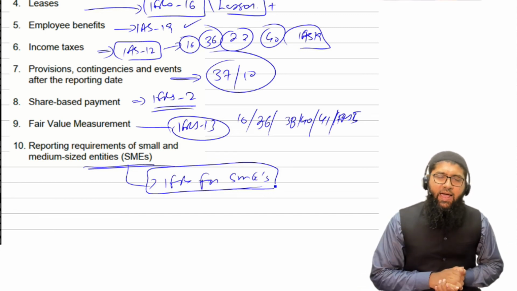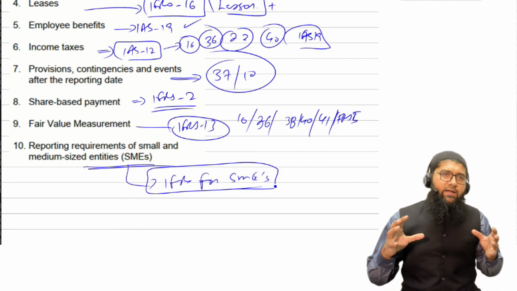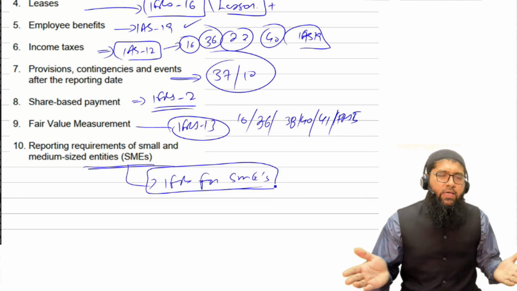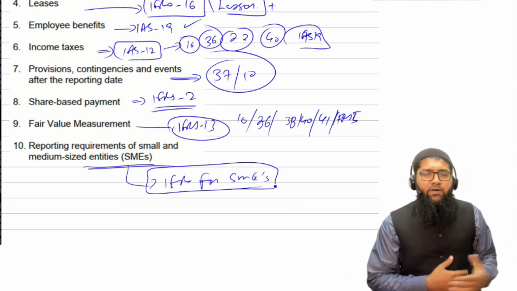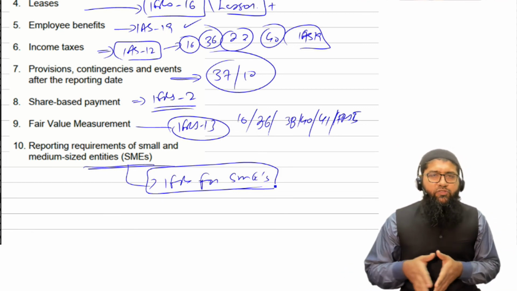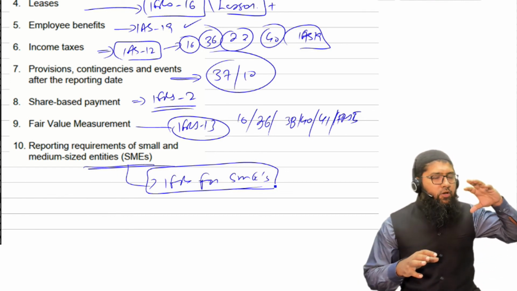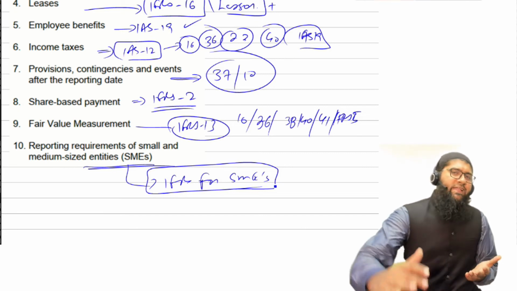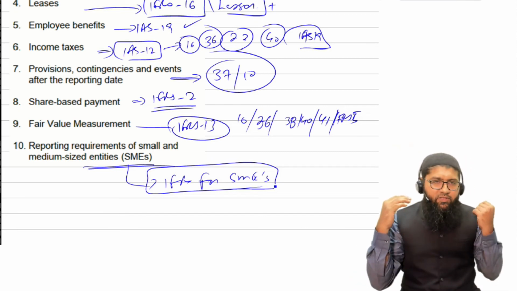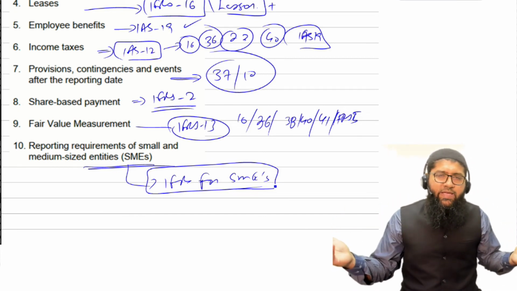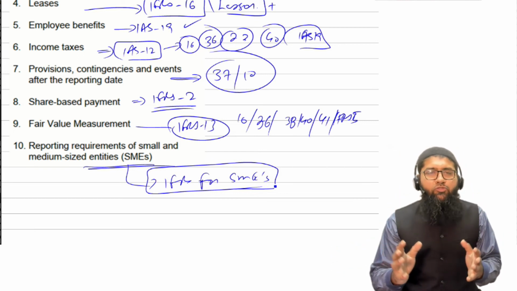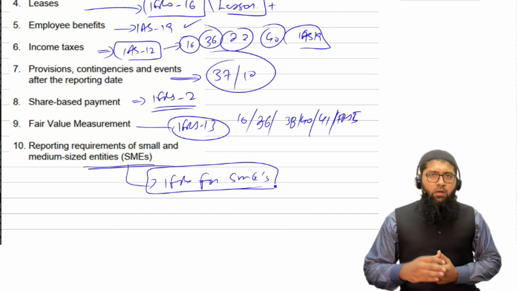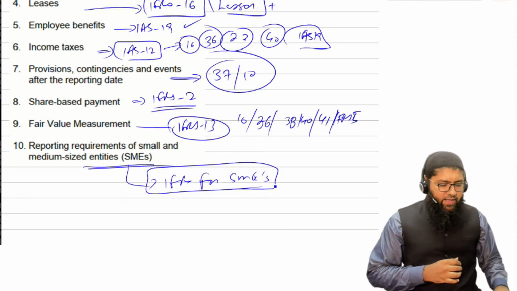The objective of having that IFRS is that if small and medium sized organizations are unable to afford or unable to prepare IFRS compliant financials, they could simply adopt the IFRS for SMEs, which reduces the compliance requirements, which eliminates fair value measurement in a lot of areas, and which allows a small entity to prepare financials easily. So that is also going to be an area that we'll discuss.